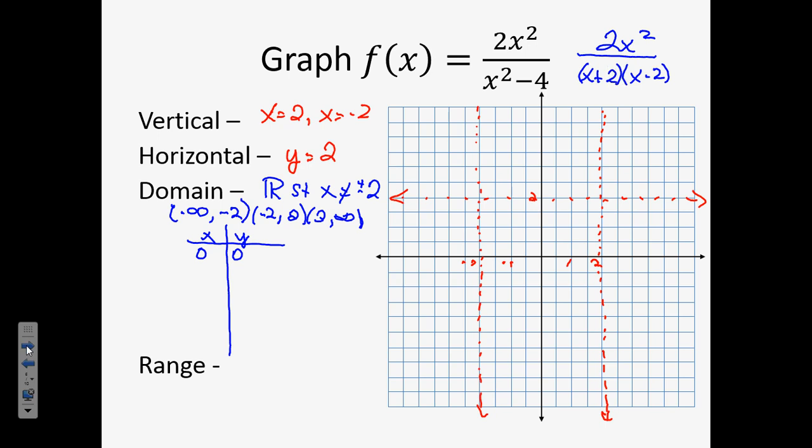So we know we have a point right here. Everybody okay with me plugging in 1? 1 times 2 is 2 over 1 squared minus 4. When I'm at 1, I'm at -2/3.